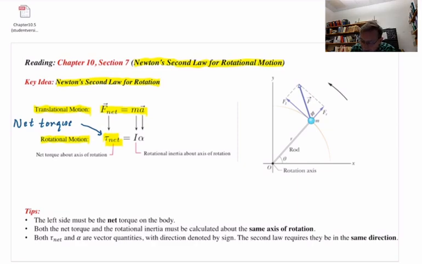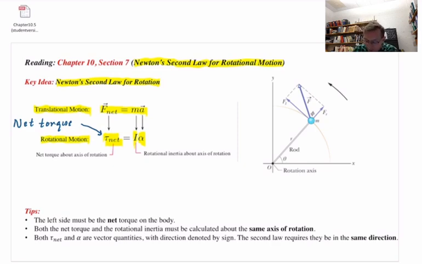Replace mass with rotational inertia, I. That's the rotational analog of mass, which remember, mass is a measure of inertia. Now we have rotational inertia. And linear acceleration a becomes angular acceleration alpha. That's the rotational version of Newton's second law.